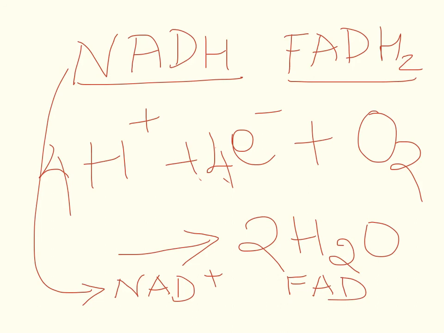So this is the overall electron transport. Cytochrome C will play an important role here because cytochrome C will carry the iron plus 3, which will be reduced to iron plus 2.